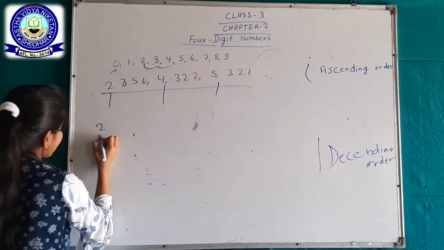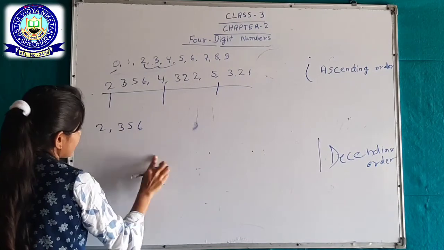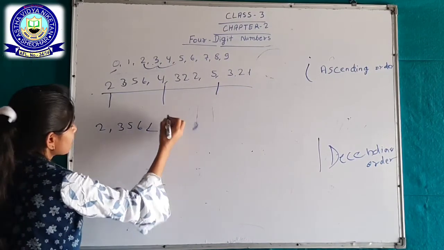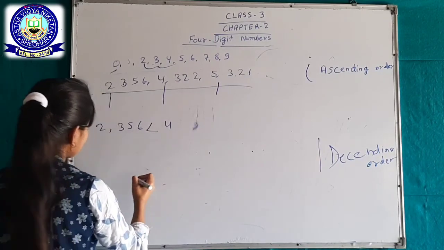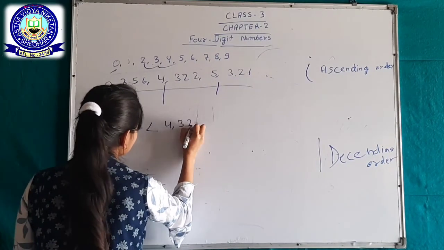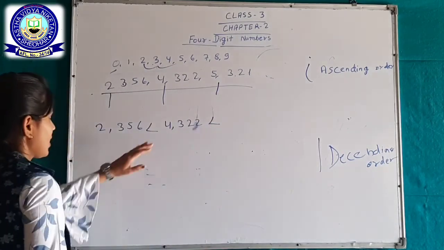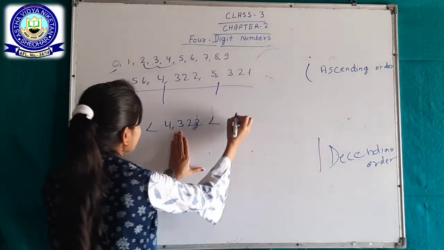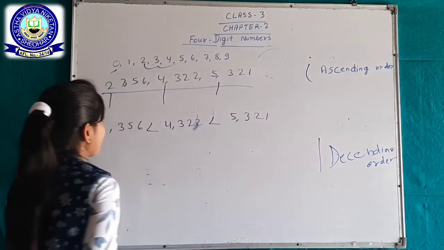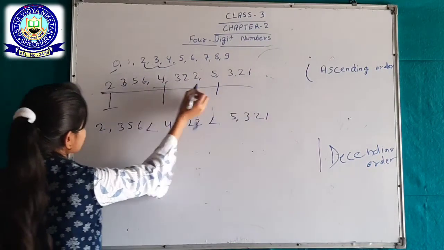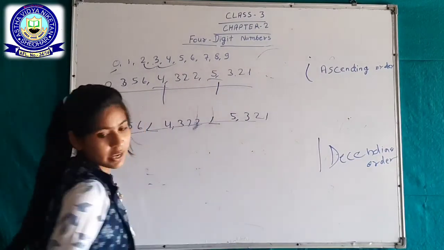So we have to write here 2356 is smaller than 4322, and 4322 is smaller than 5321. We have to compare only the first digit of this number, then we find out our answer.